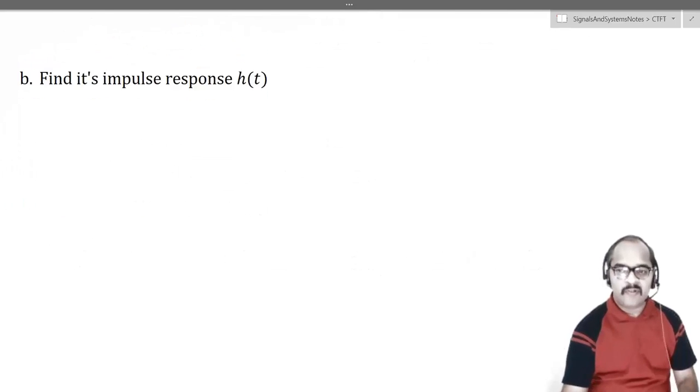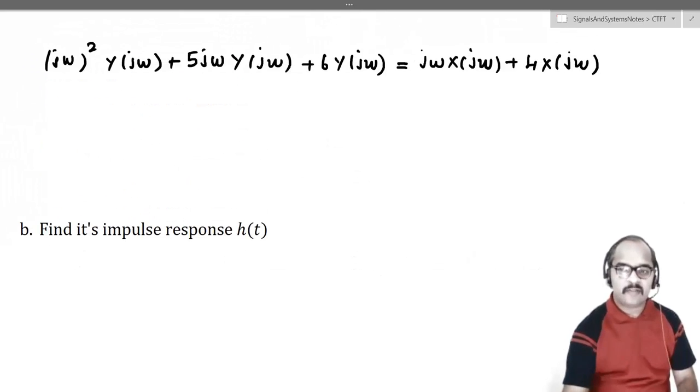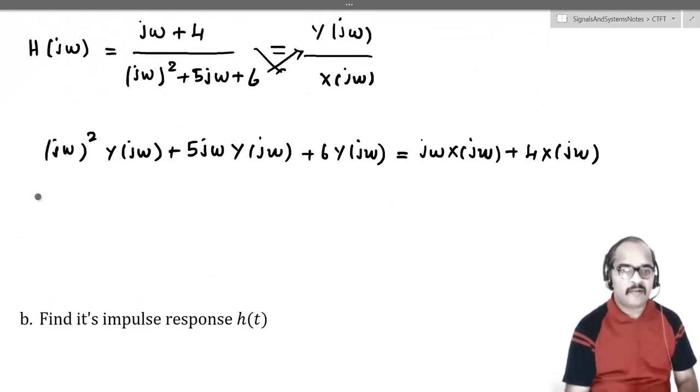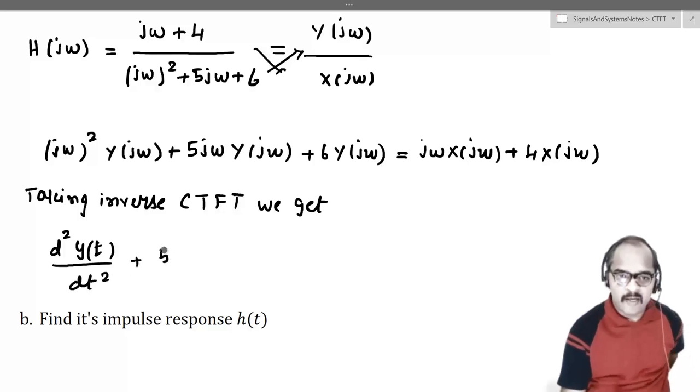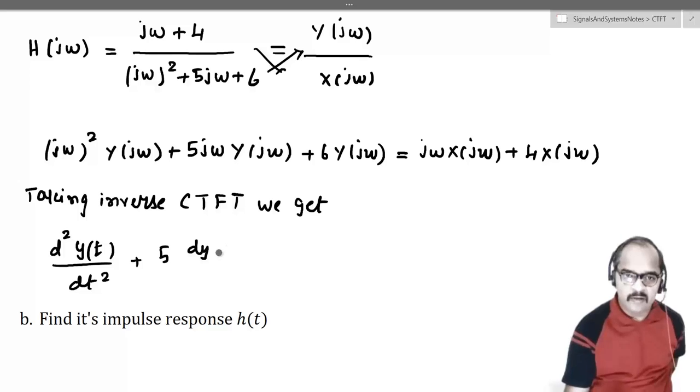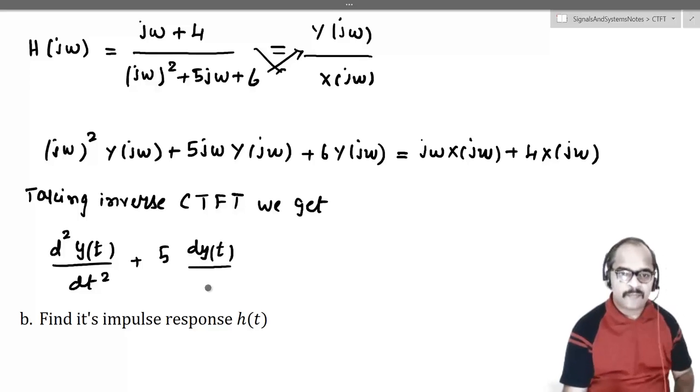Now what we will do is take the inverse Fourier transform. So taking the inverse CTFT, we get what? (j omega)^2 Y of j omega means you get d square y of t by dt square, plus 5 times dy of t by dt.